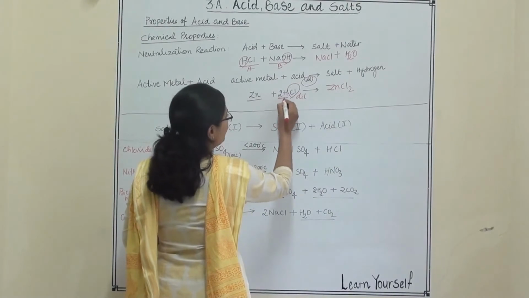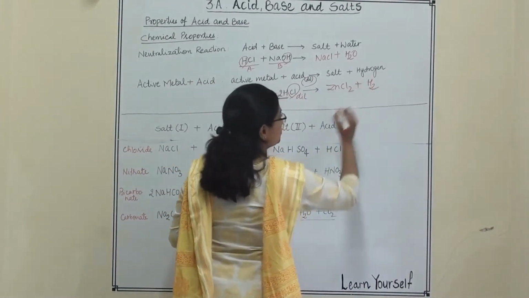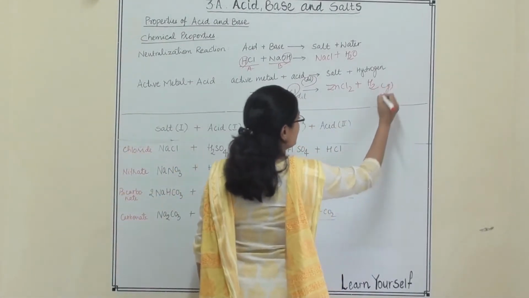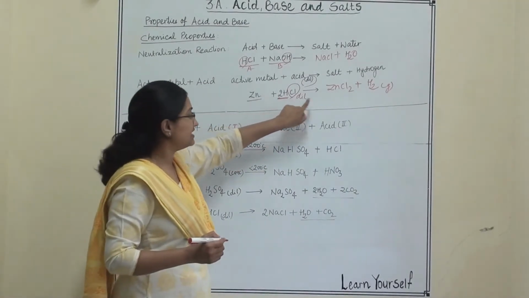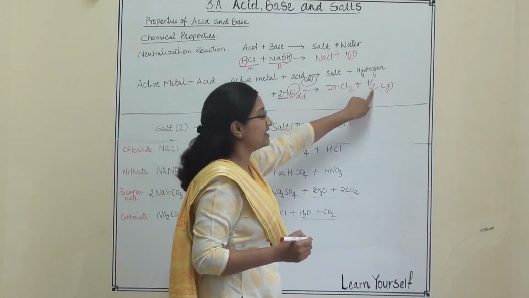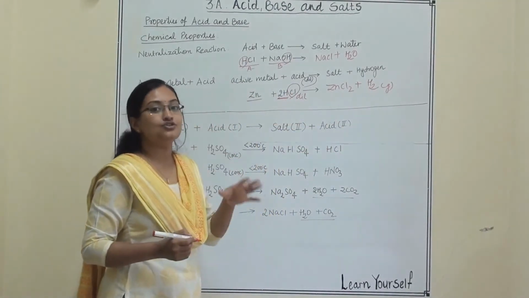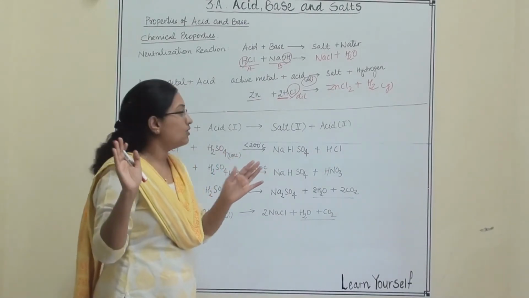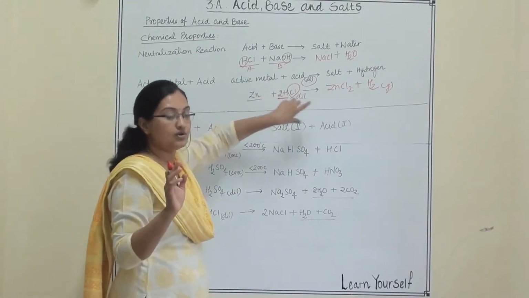And what is left is H2, and not 2H. This will become gas. So any active metal will react with acid and give us salt and hydrogen gas, because hydrogen is always there in the acid. That hydrogen will be left and go off as hydrogen gas and the rest will become salt.